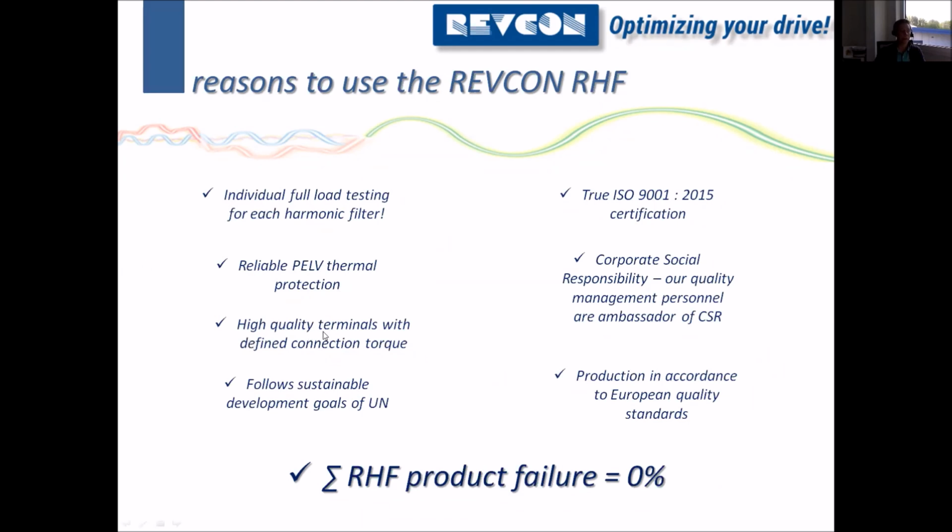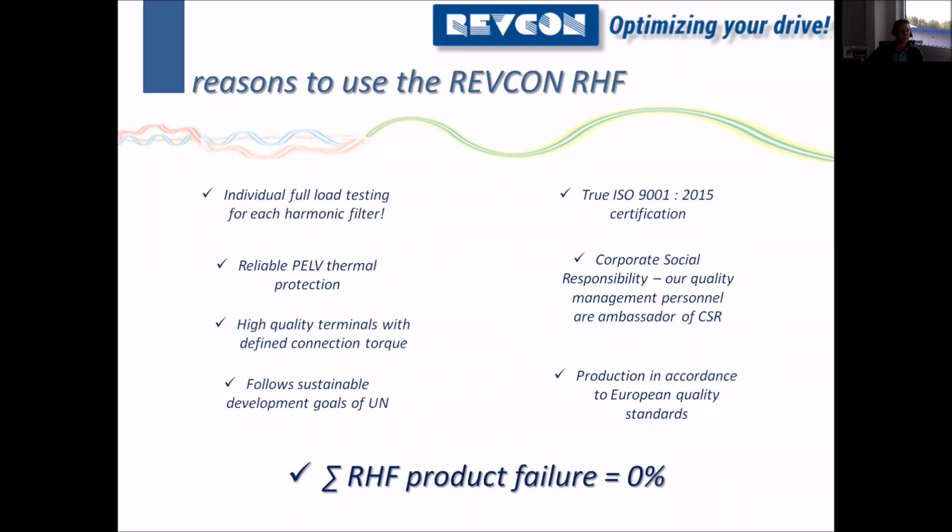Then you should have high quality terminals with defined connection torque. Why is this so essential? Because a lot of filters get damaged during setup, because you connect your wiring directly to the choke. And when you connect to the choke, you put on your tools, and if you put too much torque on it, you might bend the connection terminals, which come directly out of the choke.